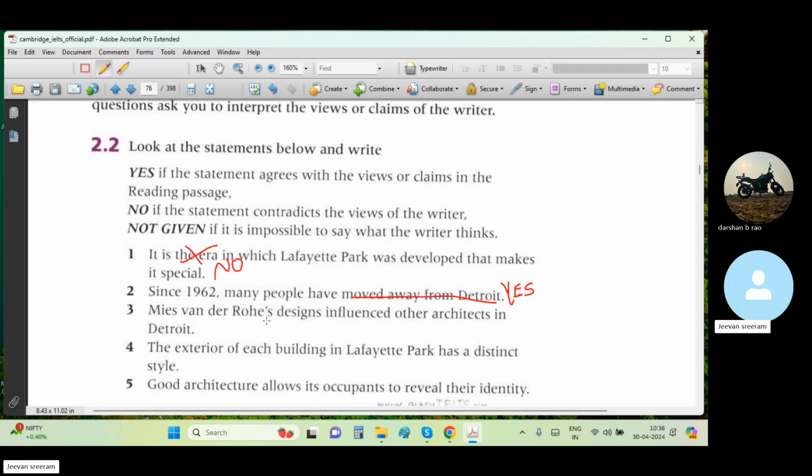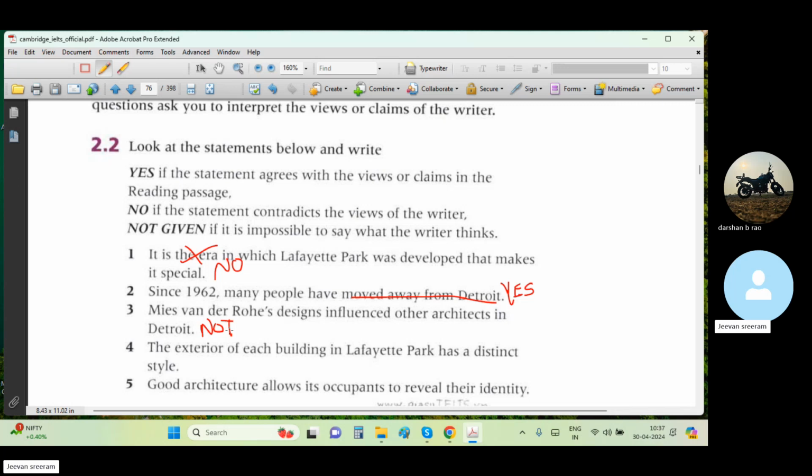Mies van der Rohe designs influenced other architects in Detroit. Is it yes, no, or not given? Not given. There is no information at all that other architects followed the things used by Mies van der Rohe, or tried to design like him.